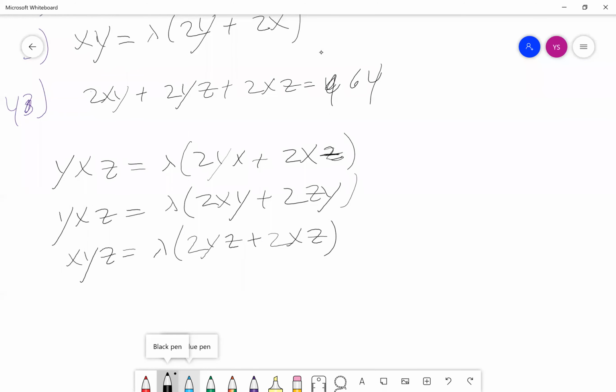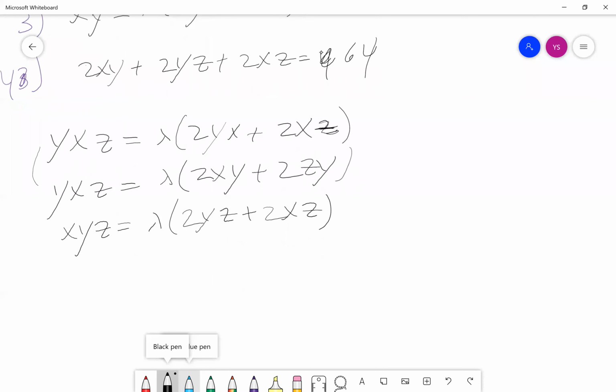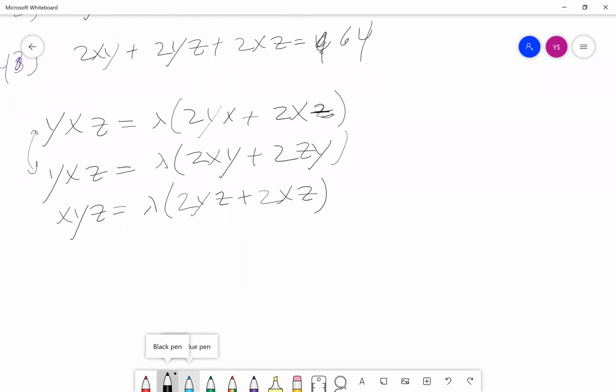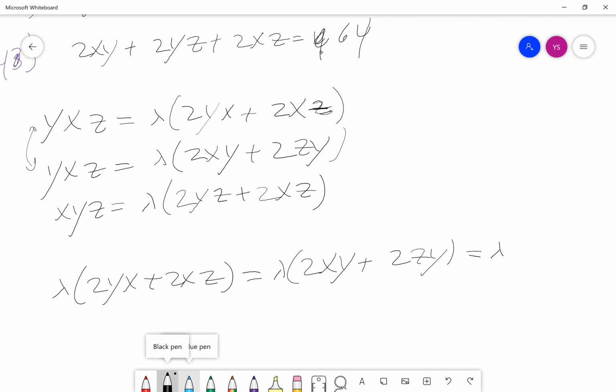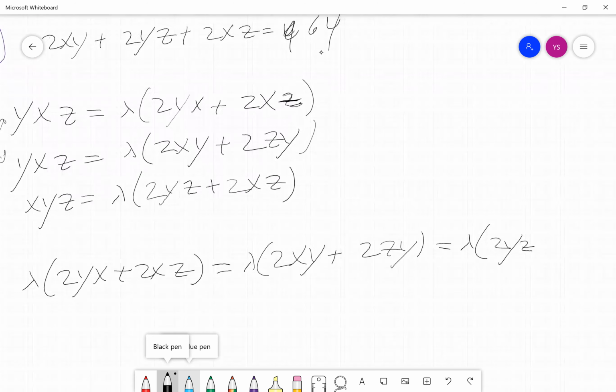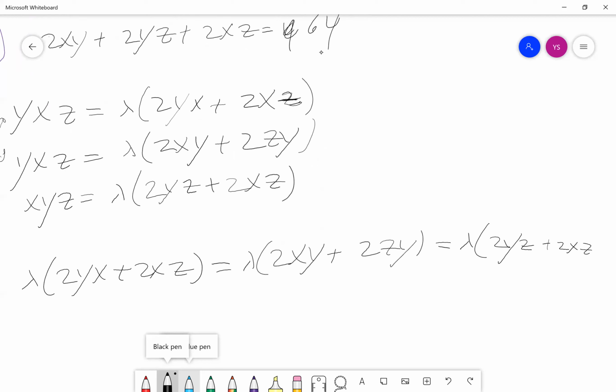Okay, so I can set all of these equal, right? And I get lambda times 2yx plus 2xz is equal to lambda times 2xy plus 2zy, which is equal to lambda times 2yz plus 2xz.